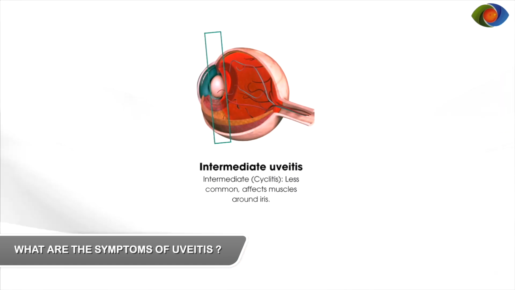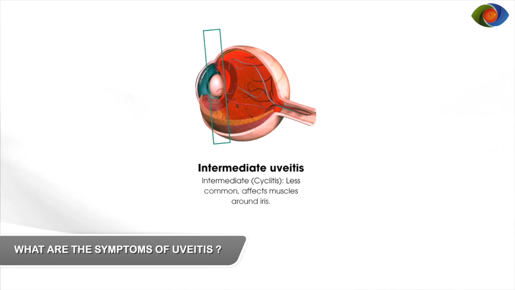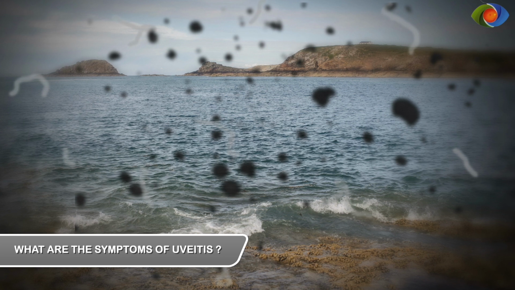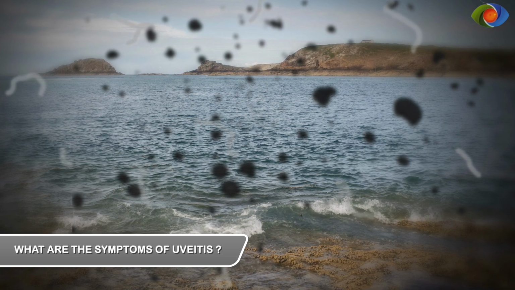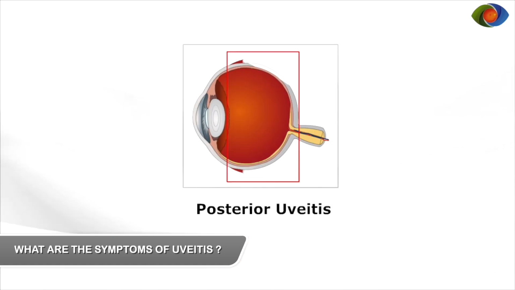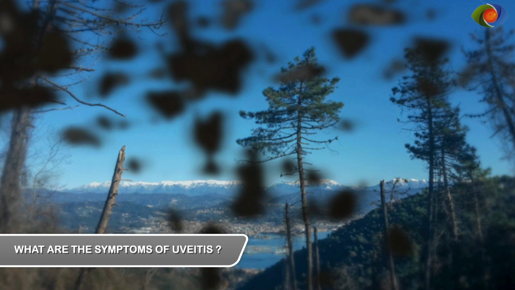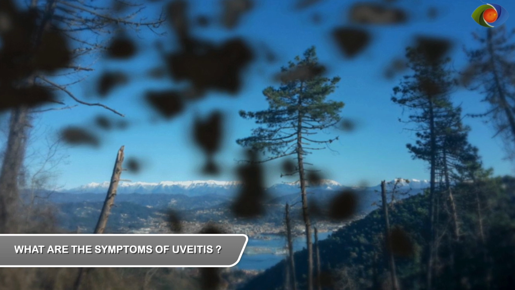In intermediate uveitis, when the central portion, the ciliary body, is involved, the common symptoms are decrease in vision and floaters. Because the vitreous is inflamed, you will get a lot of black spots in your eye. When the choroid and the retina are involved, it usually presents with both black spots and a grossly decreased vision.